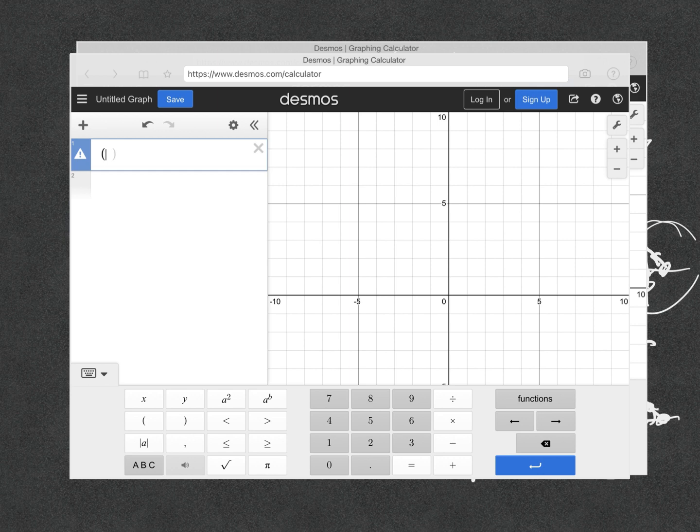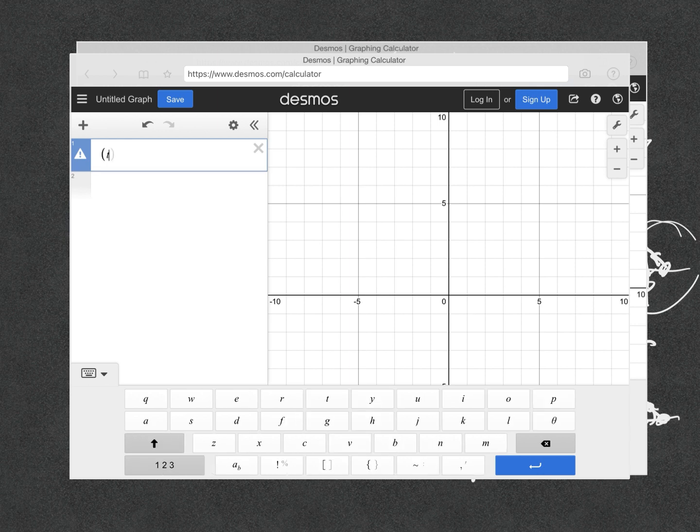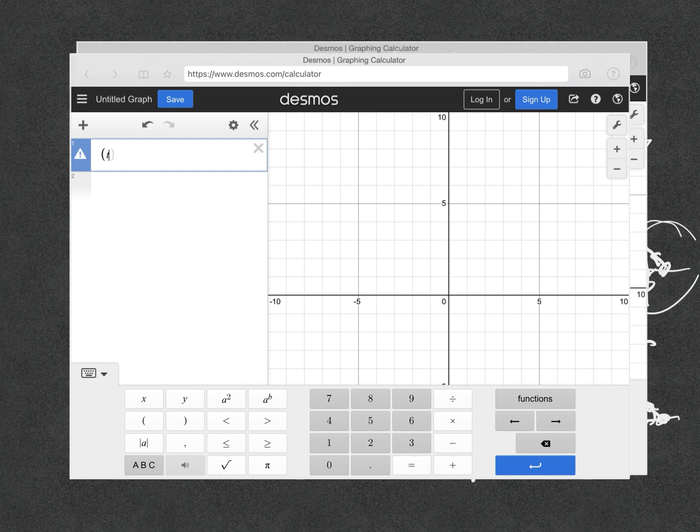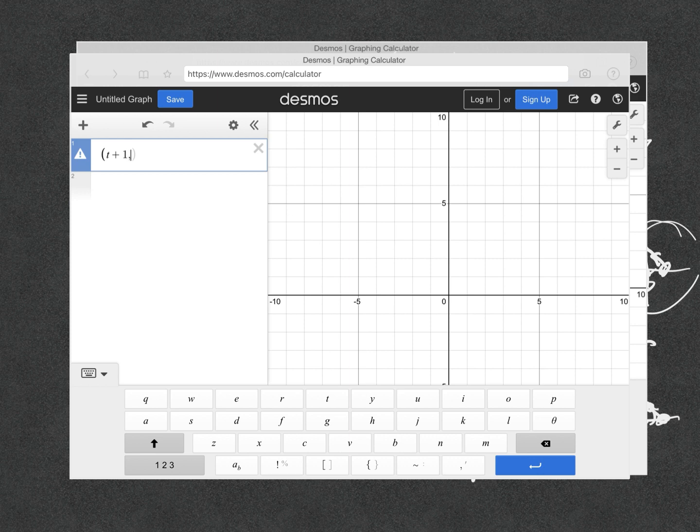Let's make it t plus 1. All right, and then we'll put a comma. And then let's make the y value more complicated.